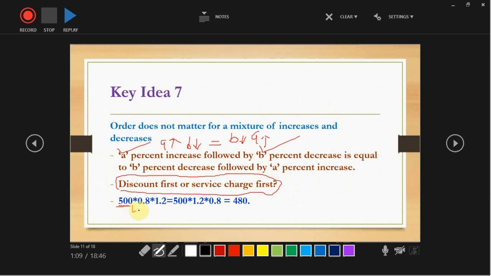It is first discounted by 20%, and then a service charge of 20% is added. Here, if the service charge is first added and then a discount is given, the result will be the same. So it doesn't matter whether you increase the quantity by A% and then decrease it by B%, or you decrease the quantity by B% and then increase it by A%.